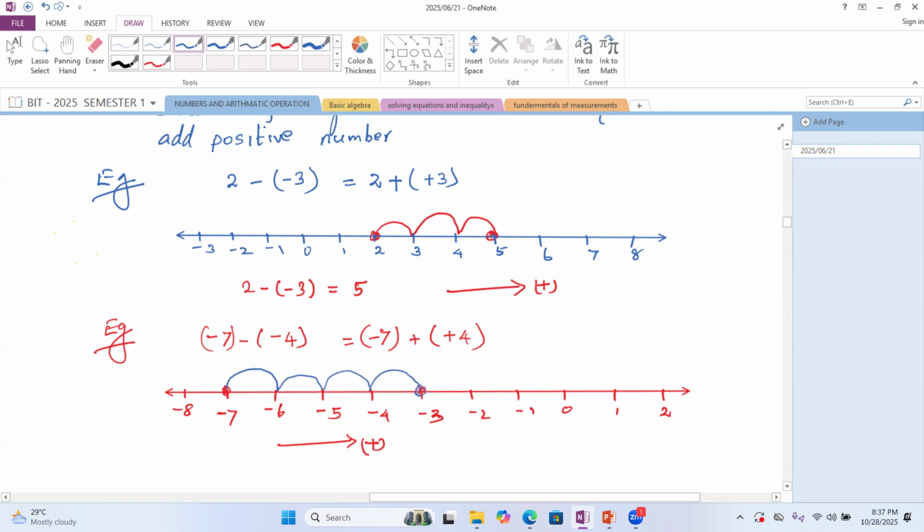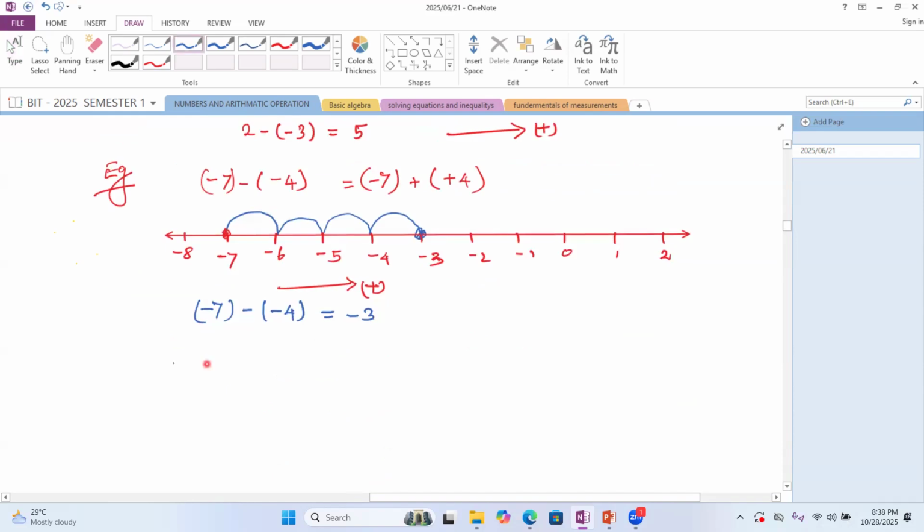Then we get the result. -7 subtract -4, no? Subtract -4 from -7. That is equal to, we get the final result, -3.